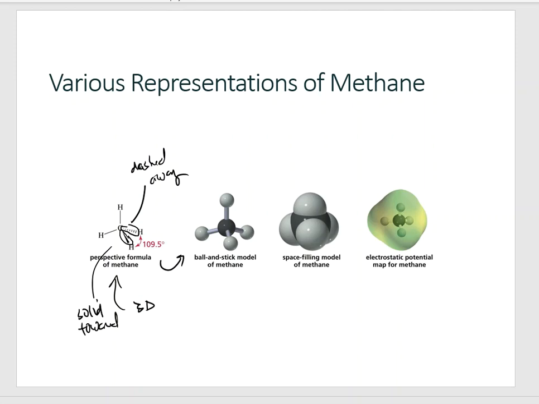To the right-hand side of this is what we would call the ball and stick model. This is of the same molecule as to the left of it. The only difference is that instead of writing carbons and hydrogens, we are using balls, literally, to represent those. These are color-coded.